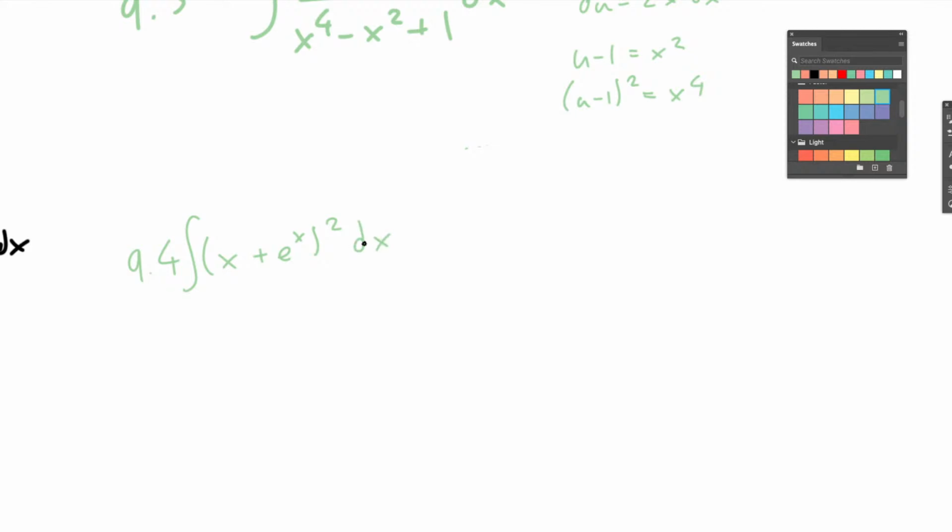See, they could have made life easy and just allowed us to u substitute this, but u substituting would lead to an infinite loop.